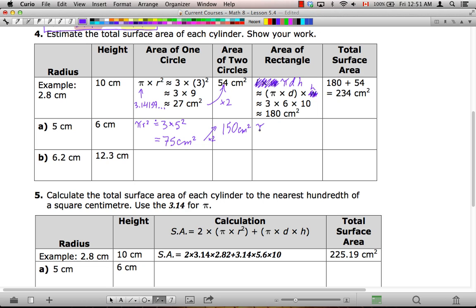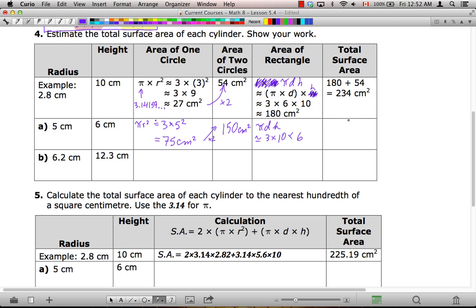And now doing pi times the diameter times the height is approximately 3 times the diameter, 2 times the radius, that would be 10, times the height is 6.